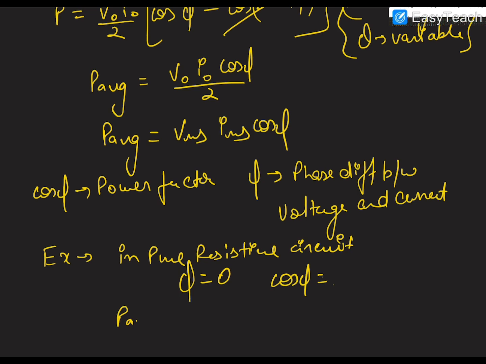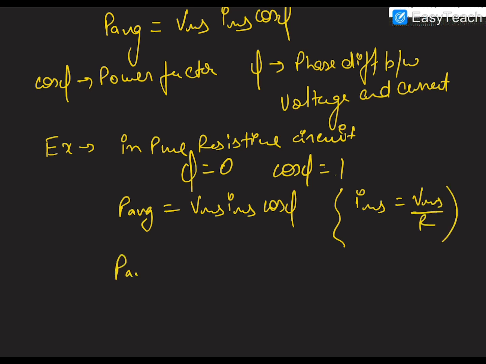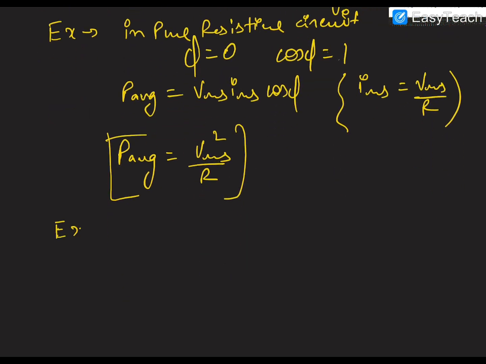In fact, in just the next video I'll explain this thing. And cos 0 is 1. So the average power loss in a pure resistive circuit is Vrms Irms cos phi. Now we can say that Irms is Vrms upon R, where R is the resistance. So the average power loss will be Vrms square upon R, since cos phi is 1.